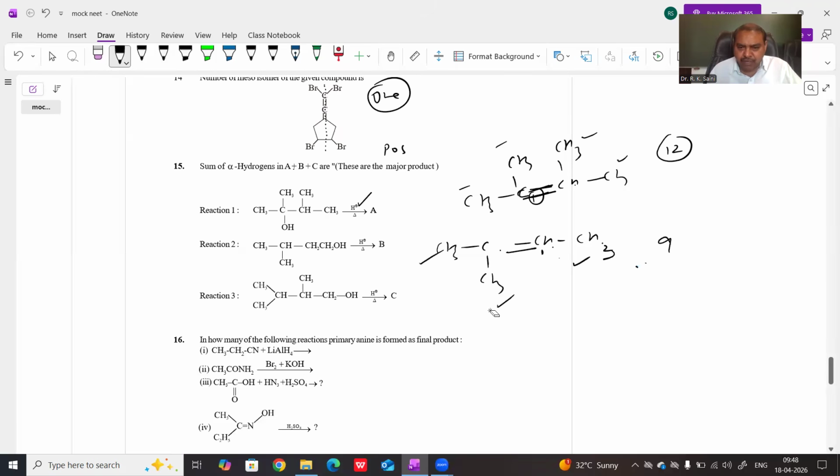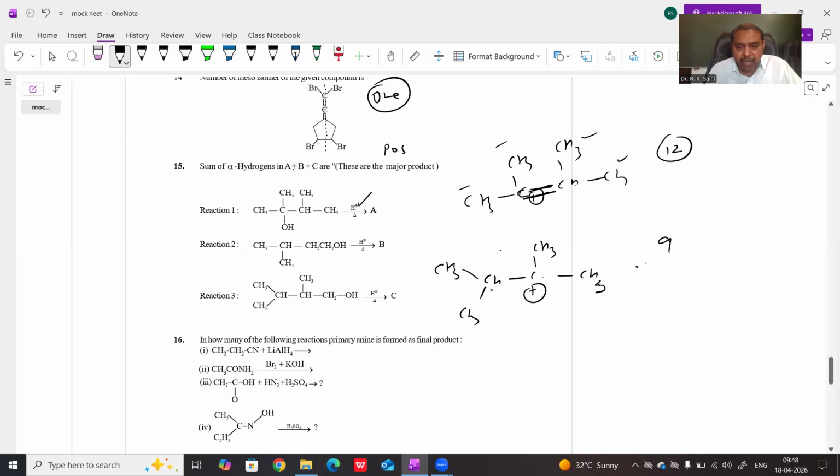In the last compound, first we make a carbocation, similar to the others, by protonation and loss of water, and in which rearrangement takes place. First we make a primary carbocation. After 1,2 shifting, it changes into a tertiary carbocation.